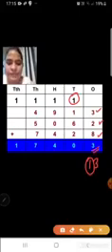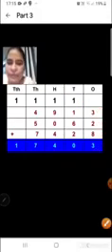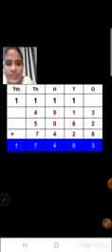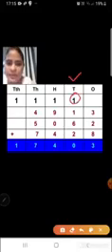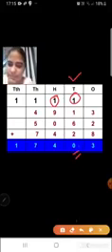After that, moving towards tens place, we have 1 carryover and 3 digits. So let us add. 1 plus 1 is 2, 2 plus 6 is 8, 8 plus 2 is 10. So 1 will be carryover in hundreds place and 0 you will write in tens place.